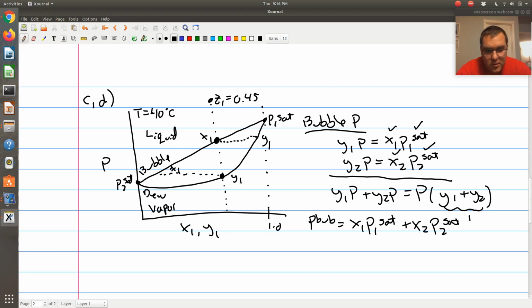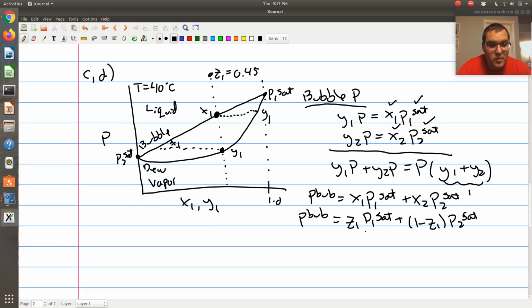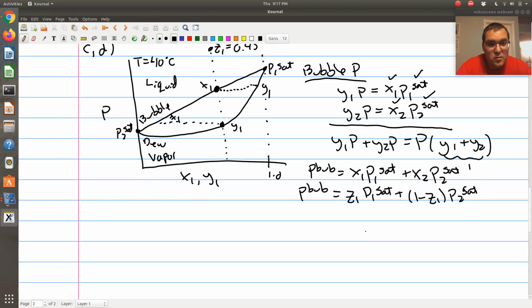Just for completeness, because we're going to do a dew P calculation next, at my bubble point, x is equal to z. So you can think of this as z1 P1 sat plus (1 minus z1) P2 sat, where z is just the composition of our mixture, which is 0.45. You know the temperature, 40 degrees C, so you have P1 sat and P2 sat.